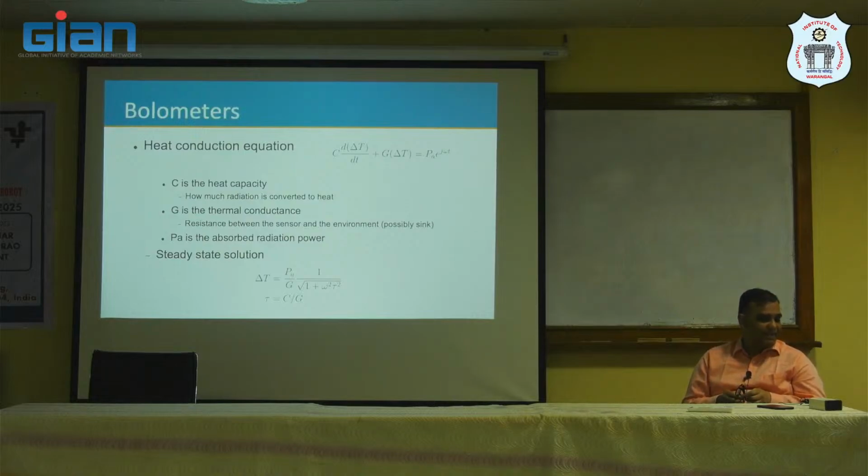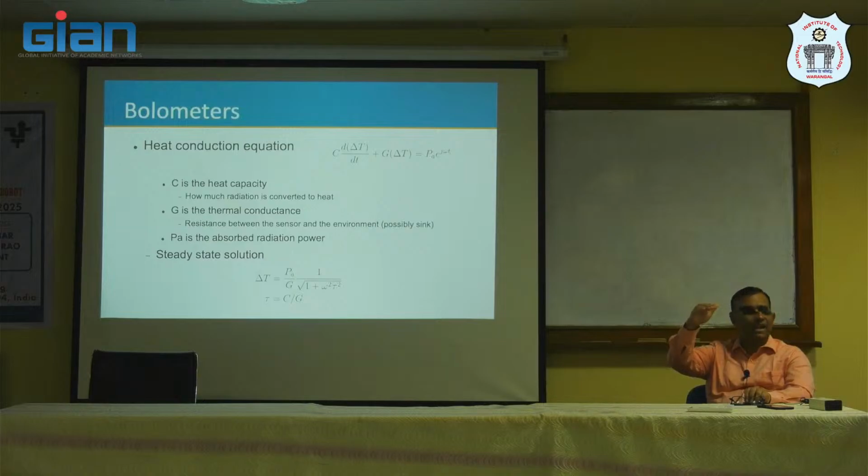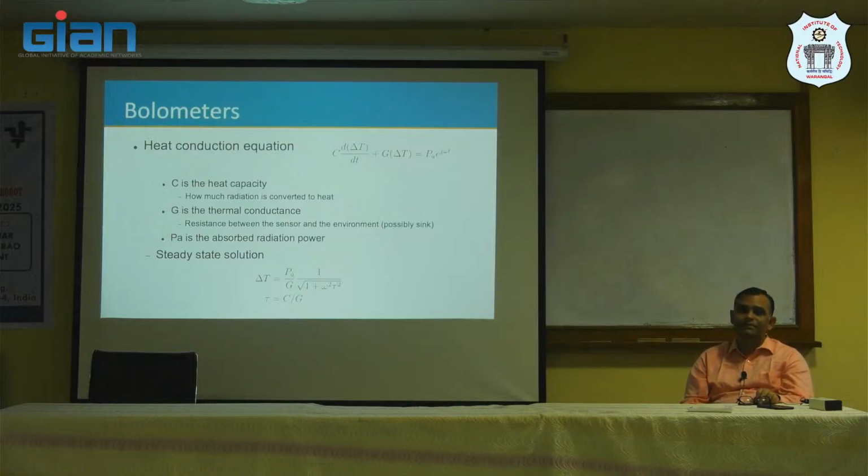That is basically saying, I have a sensor and I have my environment. What is the resistance between the environment and me? It could be the environment or a heat sink, somewhere heat is going. And last is of course the absorbed radiation power, and that is with an exponential attached to it.